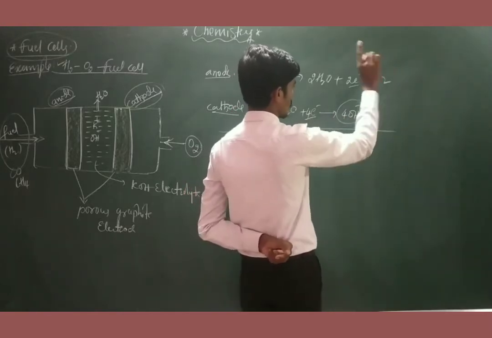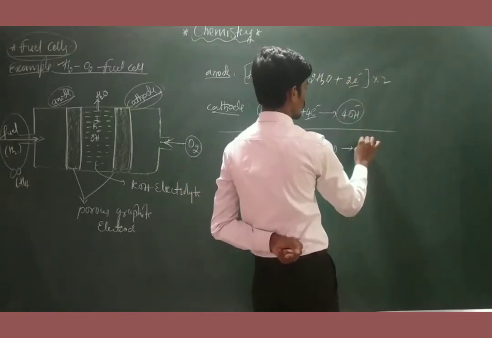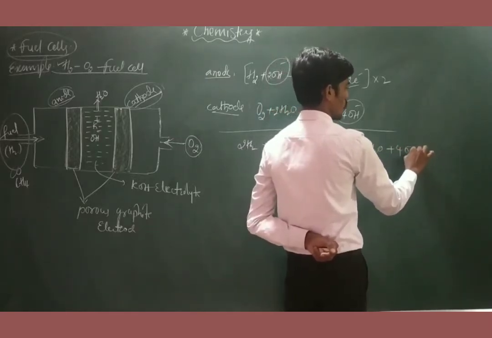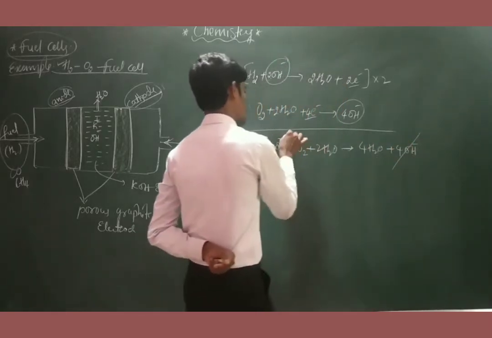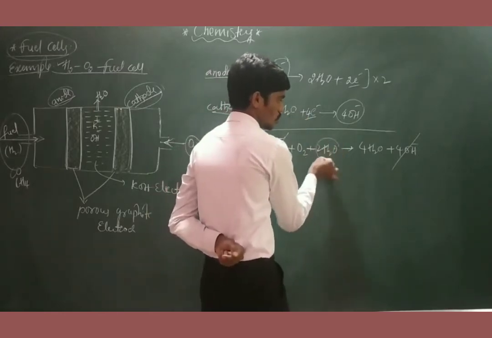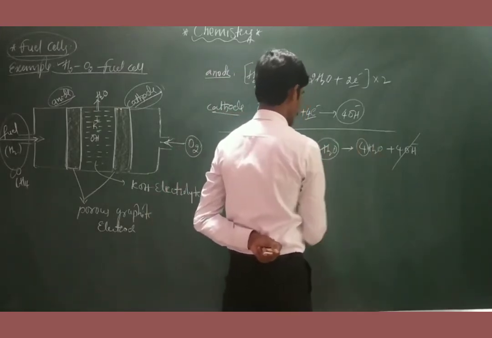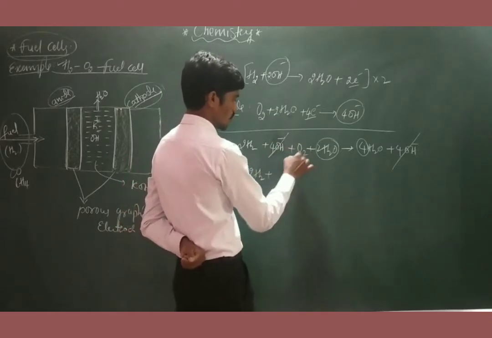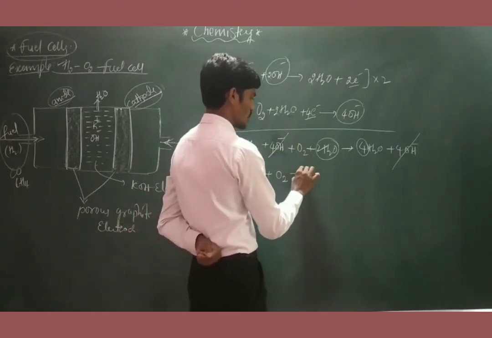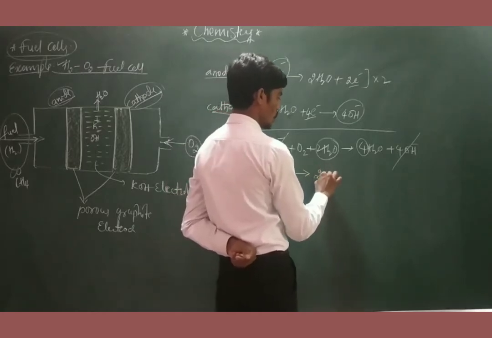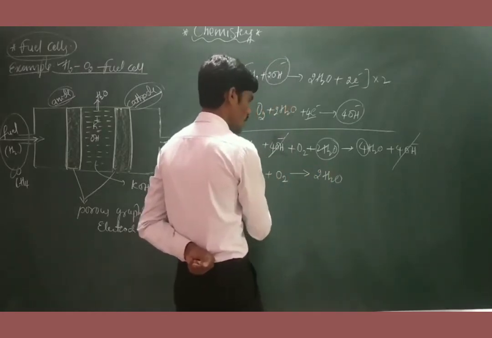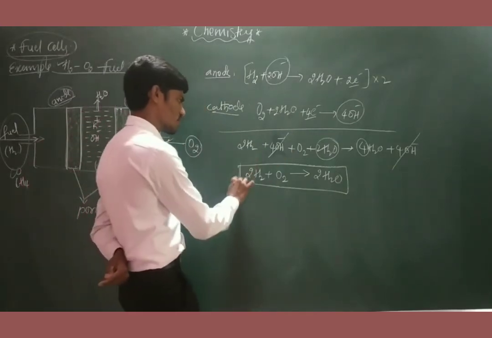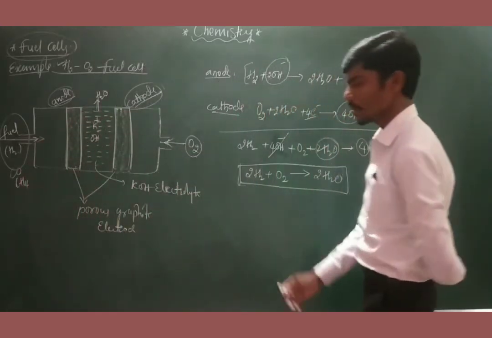The 4 electrons cancel. This gives 4H2O plus 4OH minus. The 4OH minus get cancelled, and 2 water molecules get cancelled here. So the overall equation is 2H2 plus O2 gives 2H2O. The overall equation is as simple as the normal equation, that is H2 plus O2 gives 2H2O.